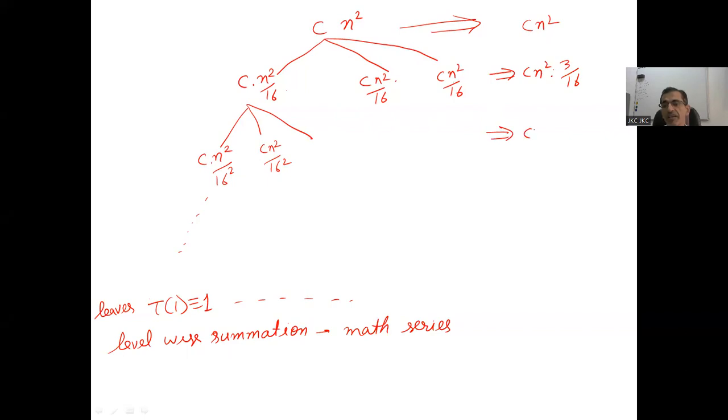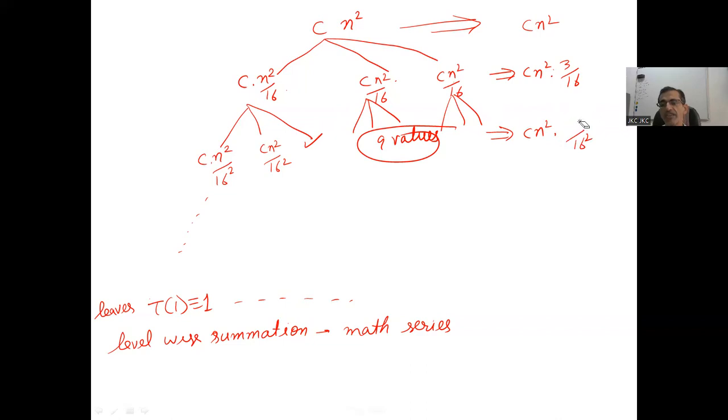Here I will get Cn square obviously, and I am going to have 9 values here: 3 from here, 3 from here, and 3 from here. So effectively this will become 9 by 16 square.